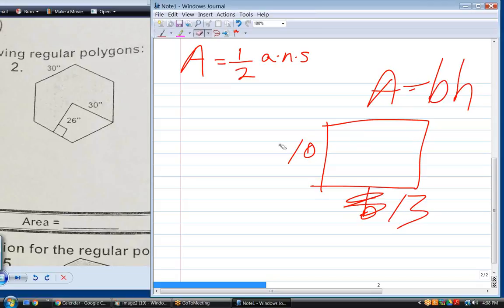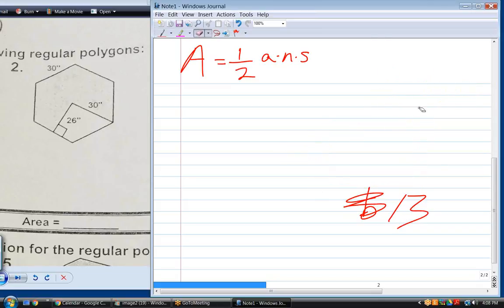Now, sometimes you can skip that step and get away with it, but on these regular polygons, this equation is not that well known. You could ask an awful lot of math experts, and they would not be able to tell you what the equation for the regular polygon is. This is kind of specific to geometry class. You're not going to need to know this for your ACT test, but you do need to know it for geometry class.